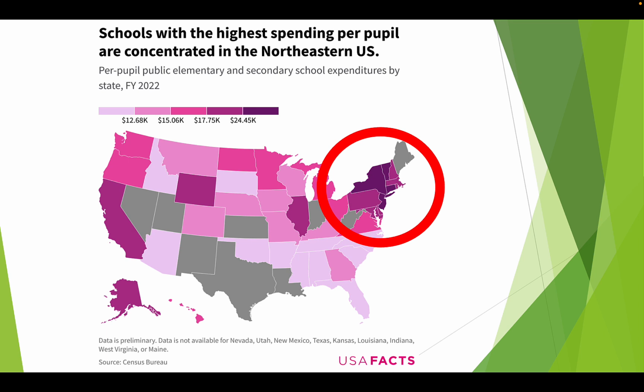And I highlight this because the map that you see in front of you is a map that depicts the amount of per pupil expenditure in education, in K-12 education, per pupil. And you'll notice that up in the Northeast, nearly twice as much money is spent per pupil in the Northeast as is spent in states that line most of the Southeast.